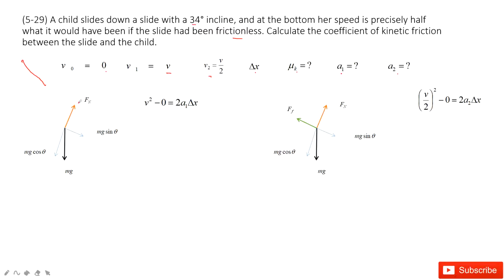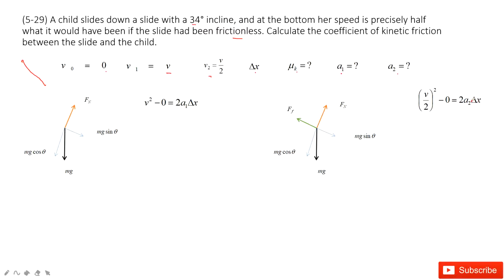This is the first situation. We know the final velocity v and the initial velocity is 0, so v squared equals 2 times a1 times displacement. In the second situation, we consider the friction, so the final velocity is half of v. So (v/2) squared minus the initial velocity 0 equals 2 times acceleration a2 times delta x, right?